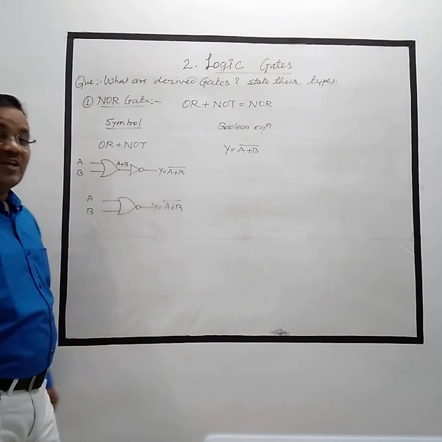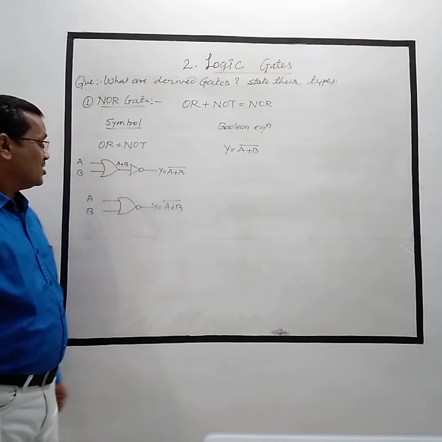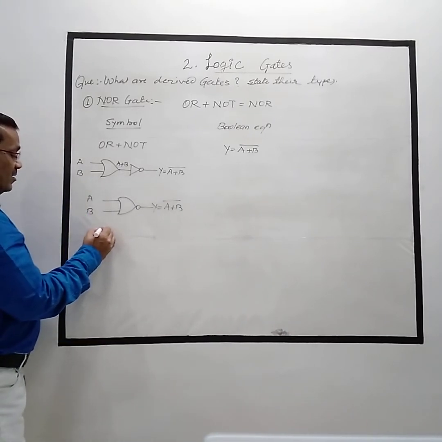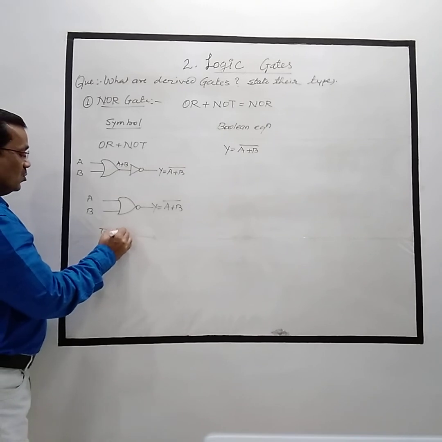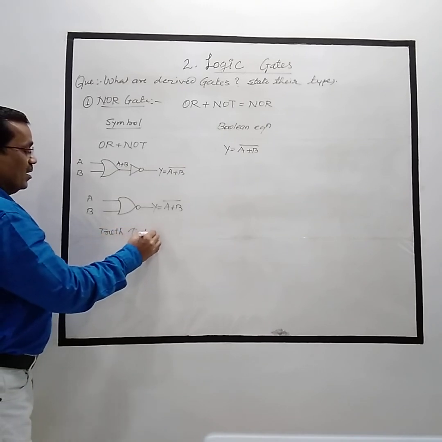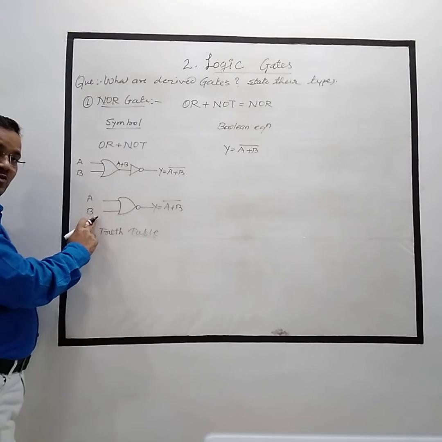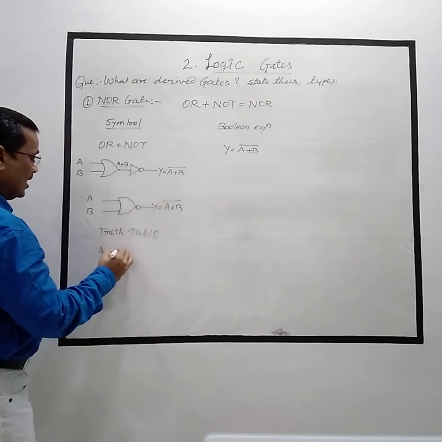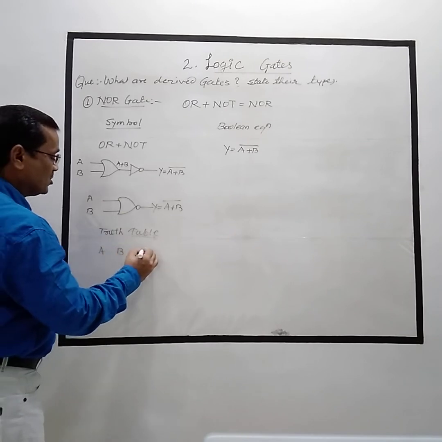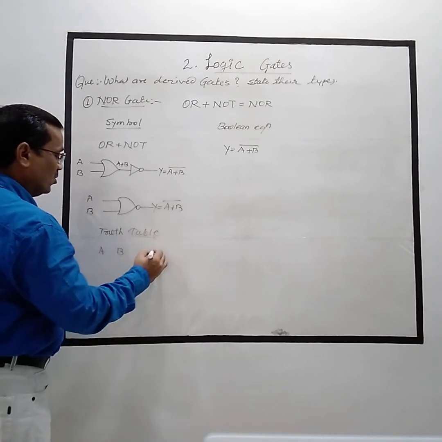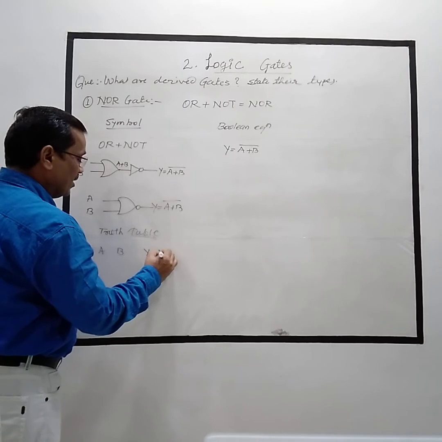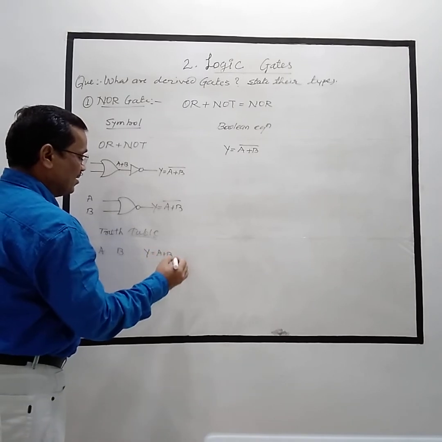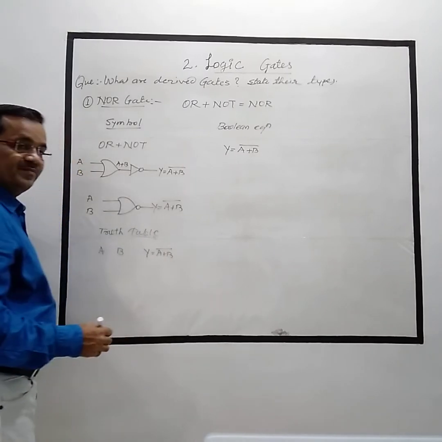Similarly, the truth table we can write for this NOR gate like this. Here there are two inputs and one output. Hence A, B are the inputs and Y is the output, which is equal to (A plus B) complement.